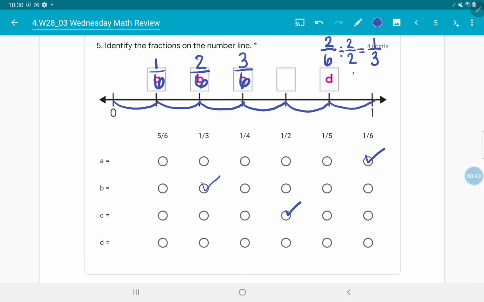If I have 3/6 and I want to make that 3 into 1, what would I have to divide by? 3 divided by what equals 1? 3. 3 divided by 3 is 1, and 6 divided by 3 is 2. So that's 1/2. All right. 4/6 is an open blank.